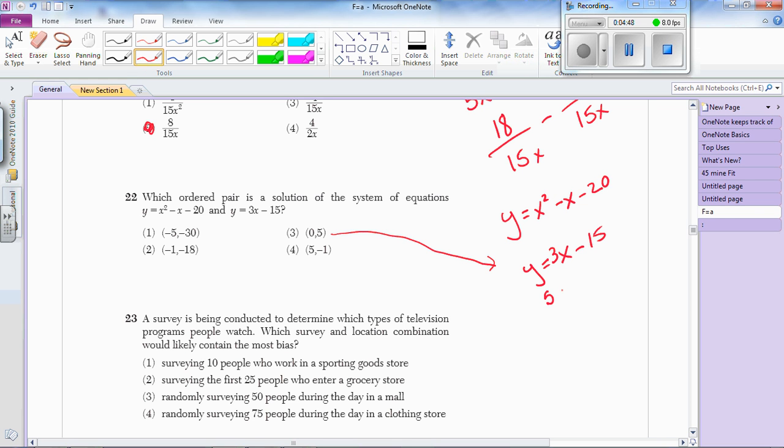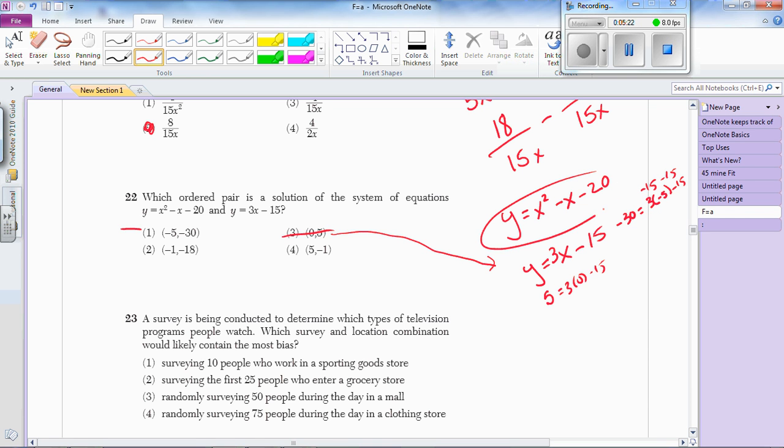Does 5, which is the y value, equal 3 times 0 minus 15? No. Next easiest, there really is no other easy one. Let's try this one. Who knows? Maybe that's the right answer. Does negative 30 equal 3 times negative 5 minus 15? Negative 15 minus 15 is in fact negative 30.